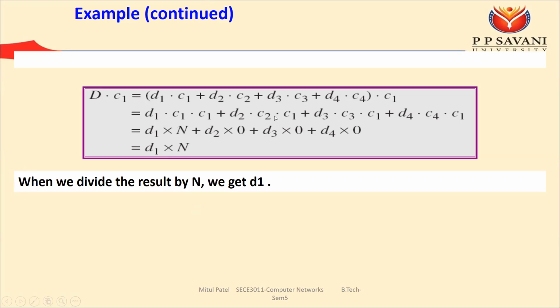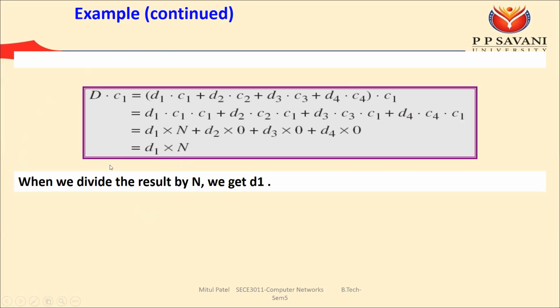C2 into C1 is 0, so D2 into 0; C3 into C1 is 0, so D3 into 0; and C4 into C1 is 0, so D4 into 0. So our answer is D1 into n. We divide this by the total number of stations, so D1 into n divided by n cancels out, and the final answer is D1. This is the data of station number 1.